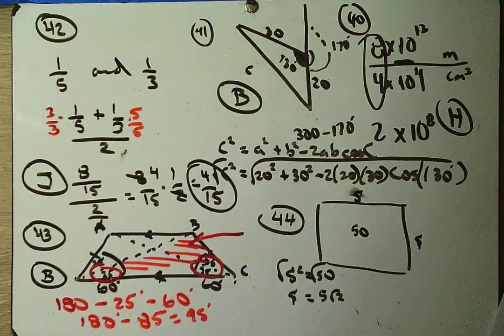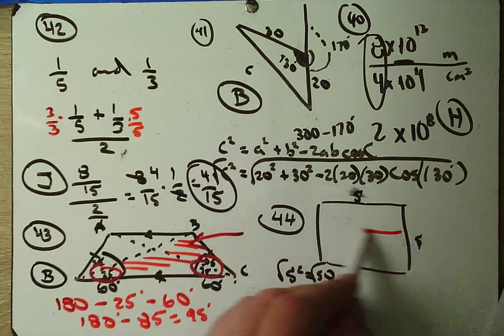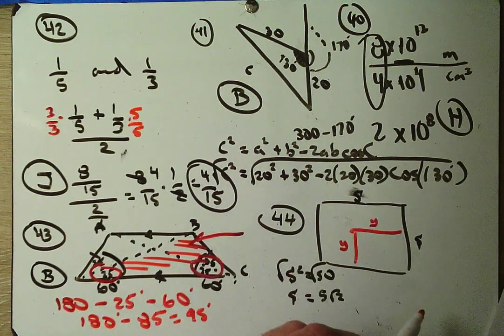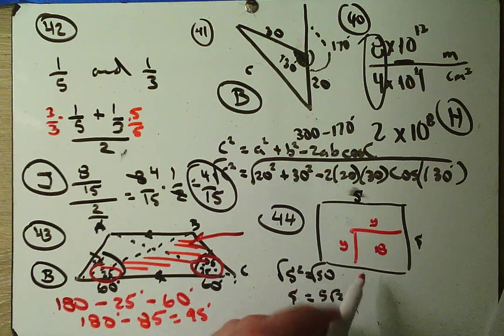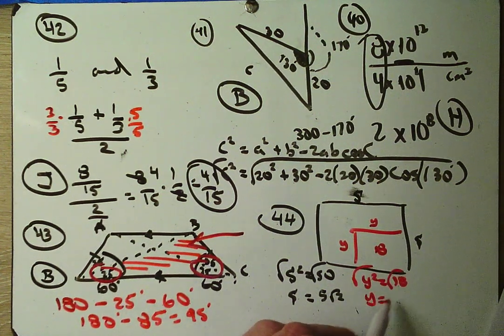We're told that this smaller square, we'll call its side length y, has an area of 18. So y squared equals 18. And I'll take the square root of both sides and get y equals 3 root 2.